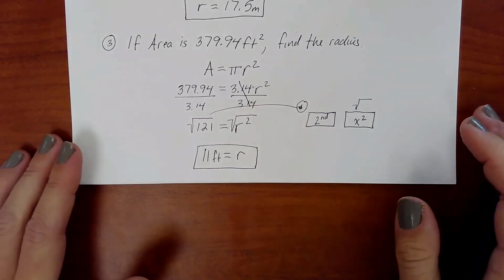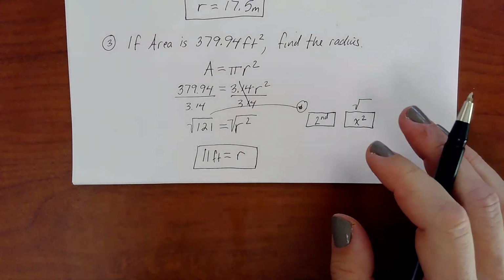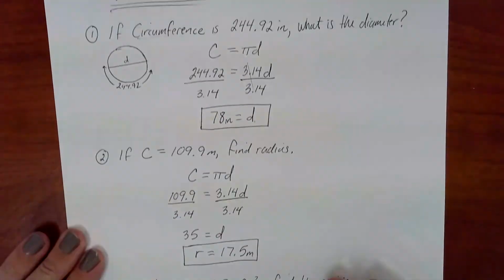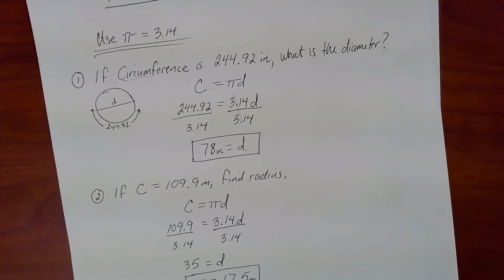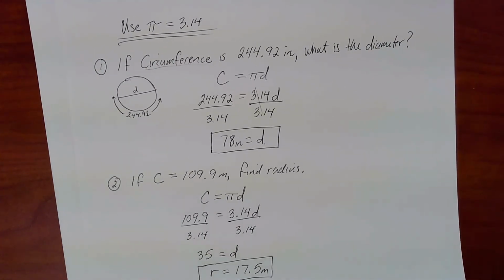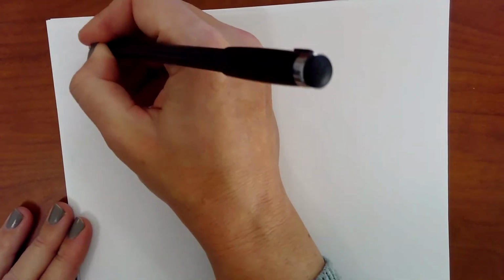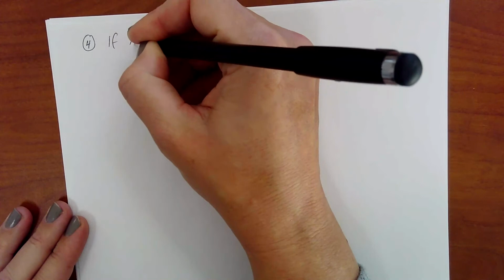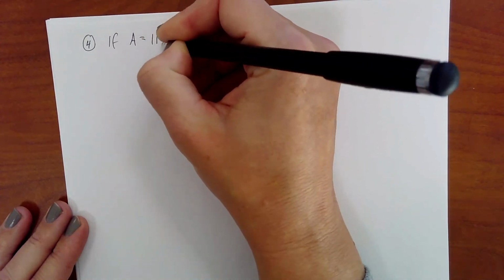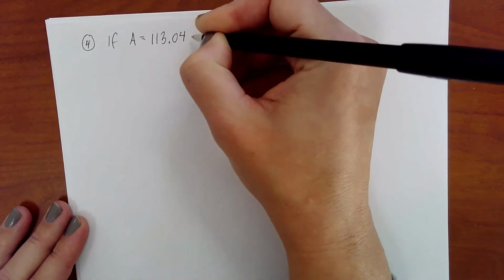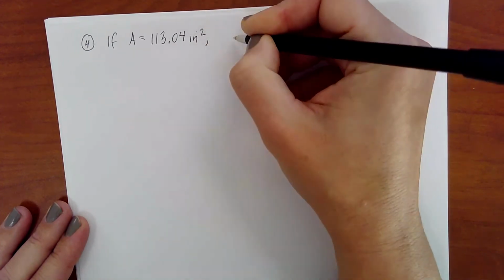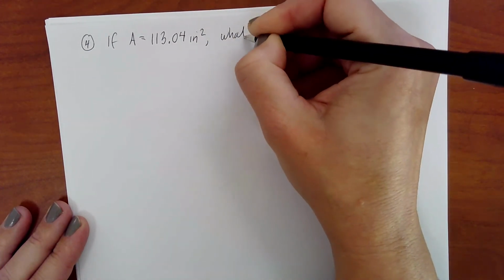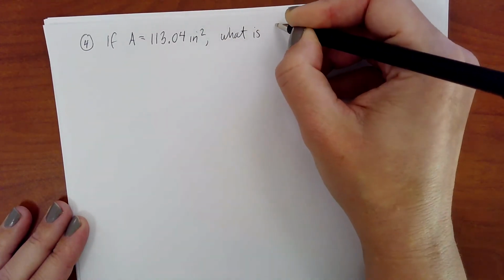All right, try an area one on your own, and that will be it. All right. Oh, I'm stuck here. Okay. All right, so last one, number 4. Let's say the area is 113.04 inches squared, what is the circumference?